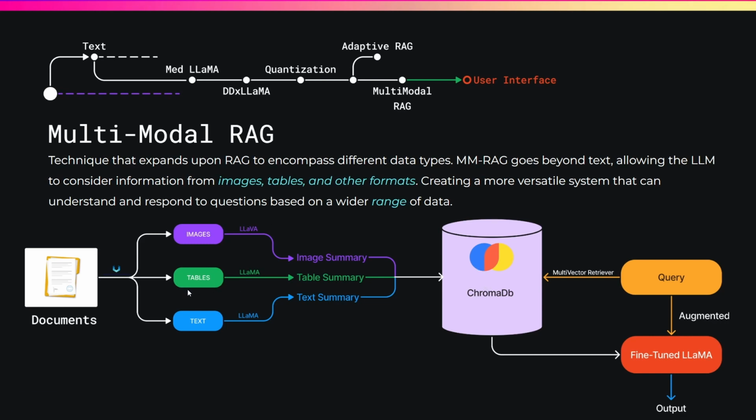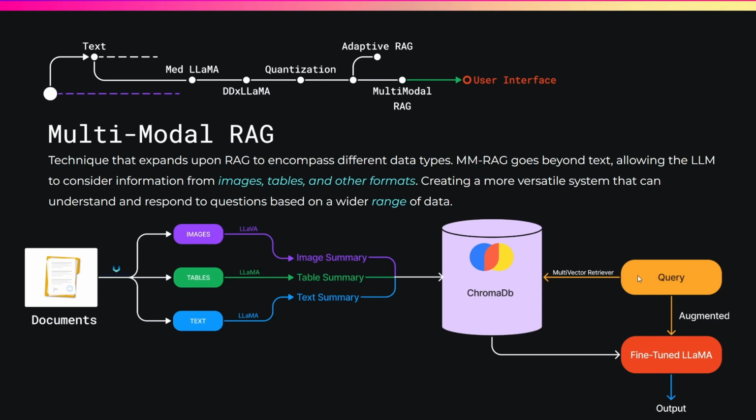And then we use our fine-tuned MedLlama to generate the table summaries and text summaries. This Llama here is not plain Llama. This is the fine-tuned MedLlama 2 that we just talked about, the one that is capable of differential diagnosis, to create a summary of the different text and tables present in the document.